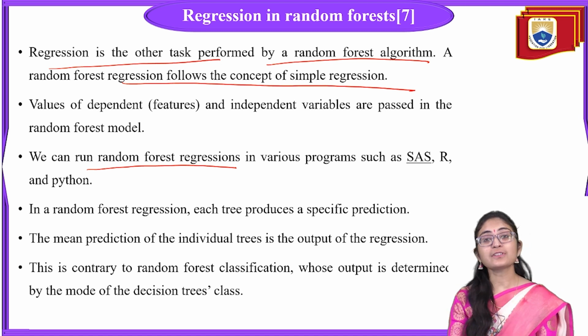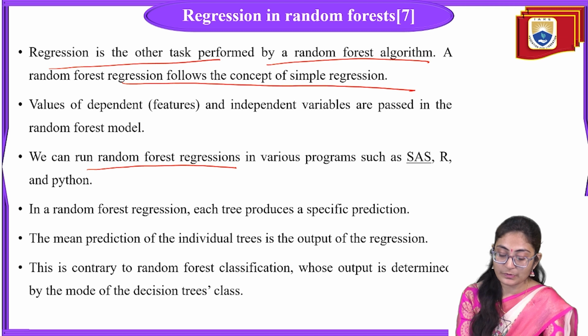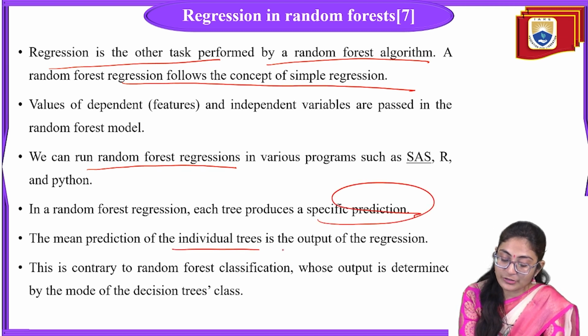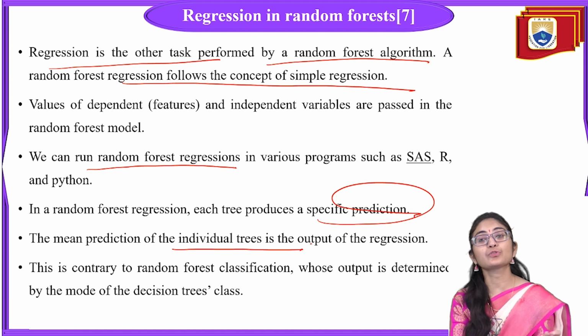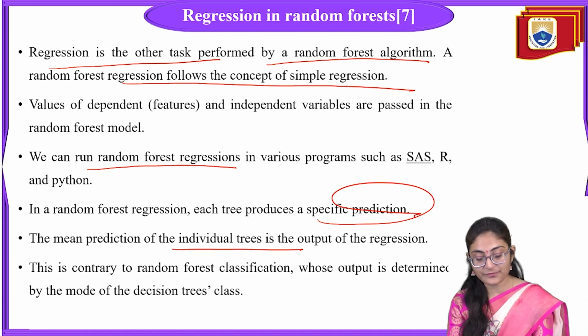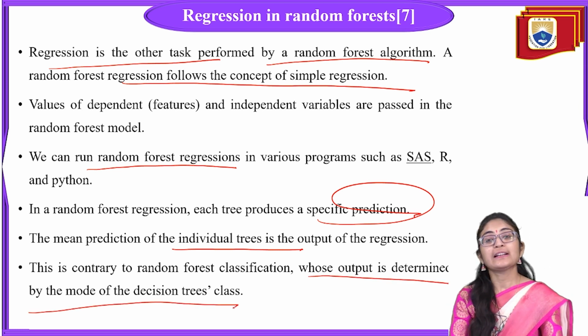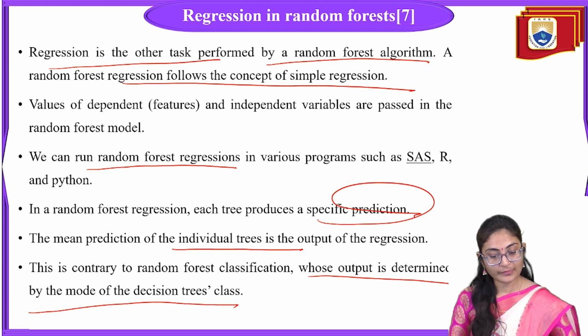In random forest regression, each tree will produce some prediction, and the mean prediction of the individual trees is your output of the regression. This is contrary to random forest classification, whose output is determined by the mode of the decision trees' class.